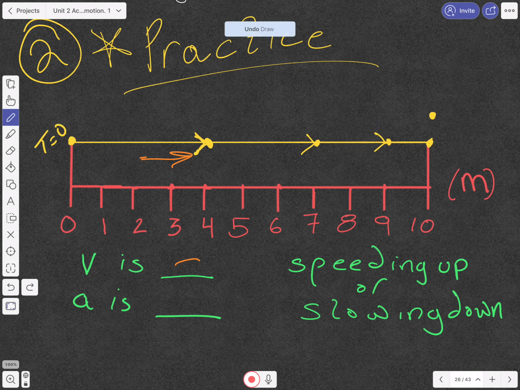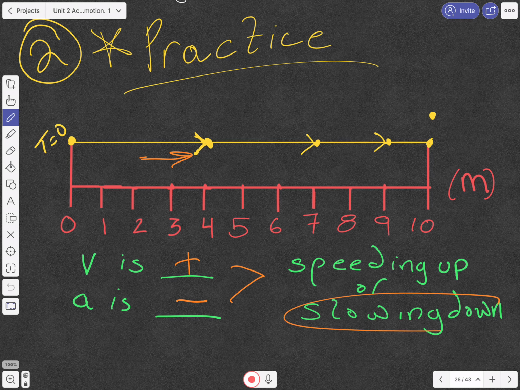So our acceleration is actually in the negative, and since we have opposite directions for our acceleration and our velocity, our object is slowing down. That makes sense because you can see that it's going quite a bit of distance here, and then here it's completely stopped for 1 second.